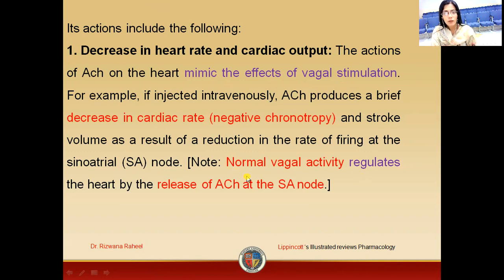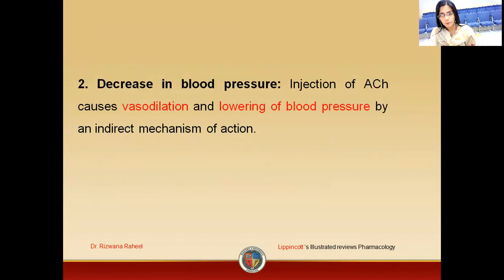In normal vagal activity, there is release of acetylcholine at the SA node. So externally administered acetylcholine basically mimics the effect of vagal stimulation. As a result, there will be a decrease in the cardiac rate, that is negative chronotropy. There will be a decrease in the cardiac output as well.